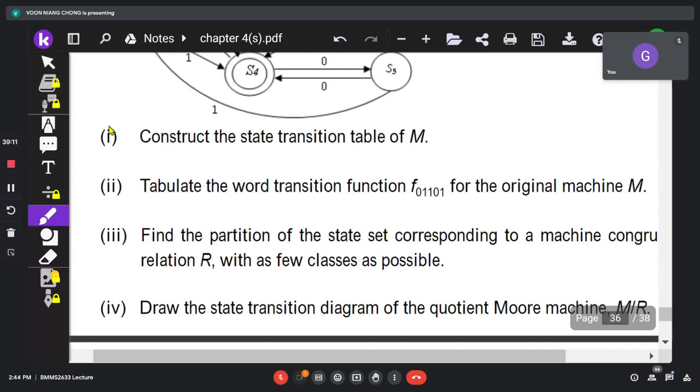Then you can take from here and draw the diagram. You can do the table first if you want. So you will have 4 classes. You can have S0, S3, S4, and S5.